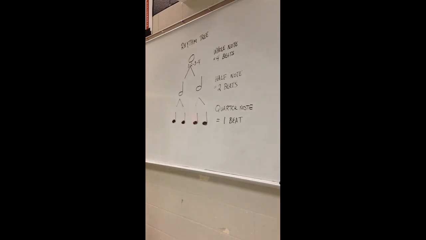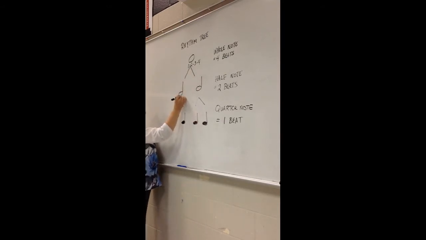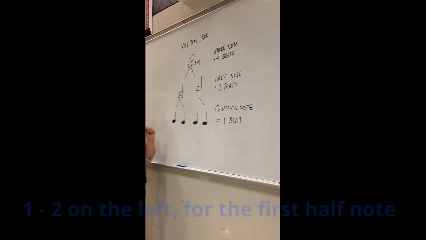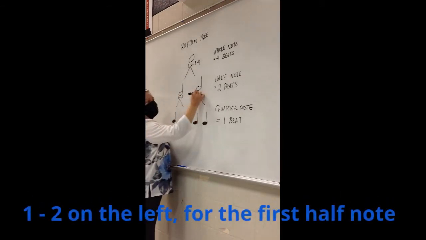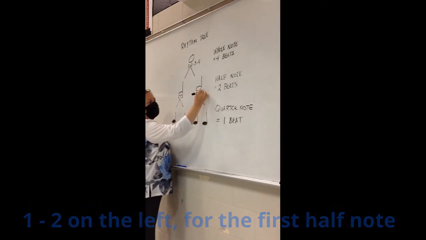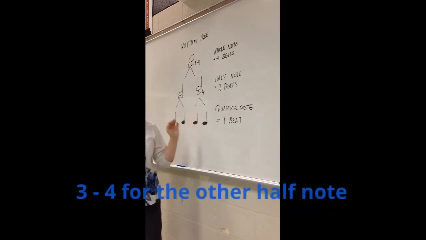The next line down, okay? Let's just assume we still have the 4 beats that we're working with total, okay? 1-2 is on the left side. 3-4 is on the right side.